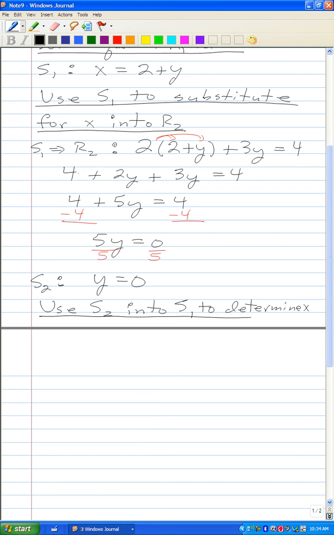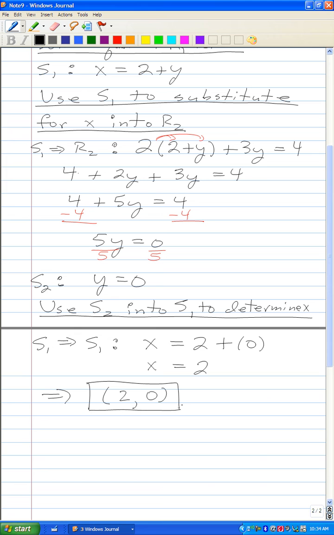So let me do that. Let me plug S2 into S1. S1 is x is equal to 2 plus y. Well, y is 0. 2 plus 0 is just 2. Therefore, I get that (2, 0) is a solution to my system of linear equations.